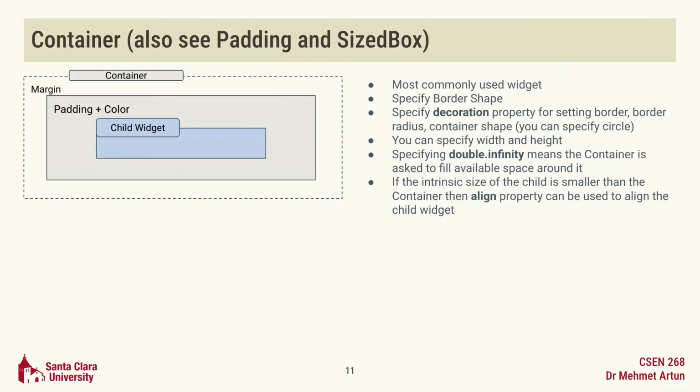But ideally, if you want to just put a padding, for example, you have a text on the screen and you want to make sure that the next text has 10 pixels or 20 pixels apart from it, you put 10 pixels around both of the texts so that they sit nicely. In that case, rather than using a container, padding is better.